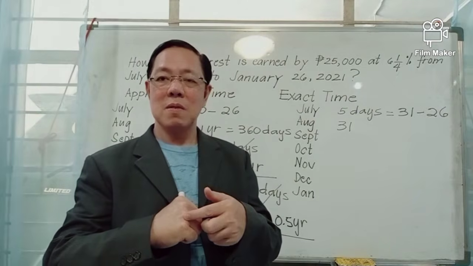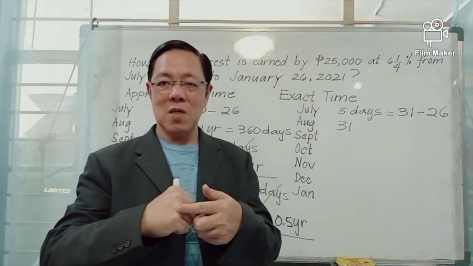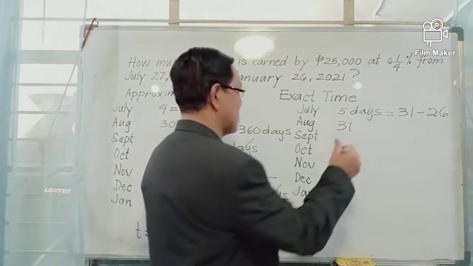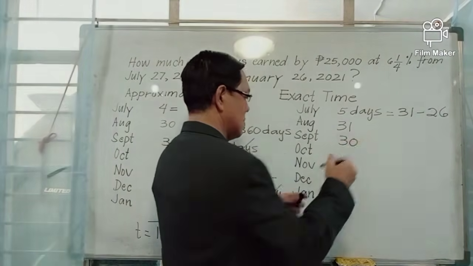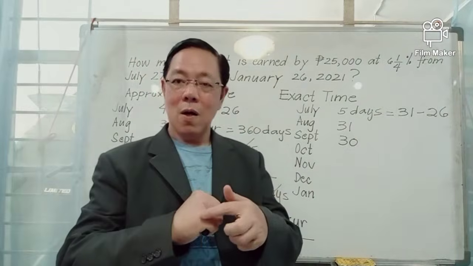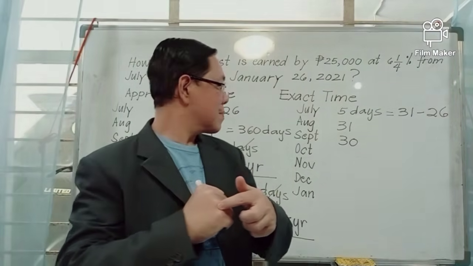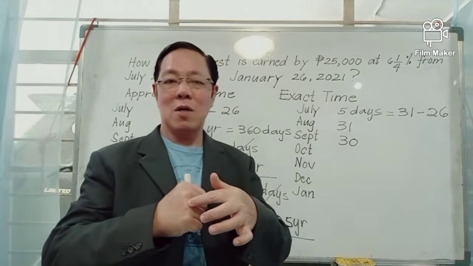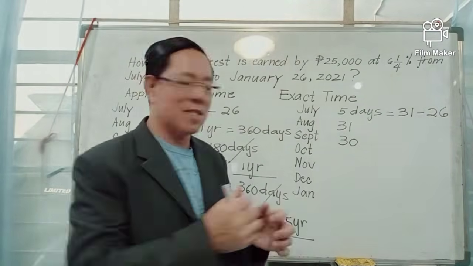August, September. The month of September falls between two knuckles. So September has 30 days. October falls on your knuckle. So October has 31 days.